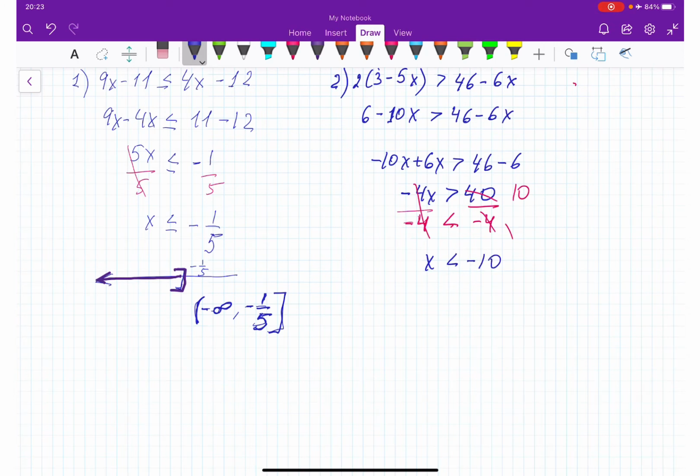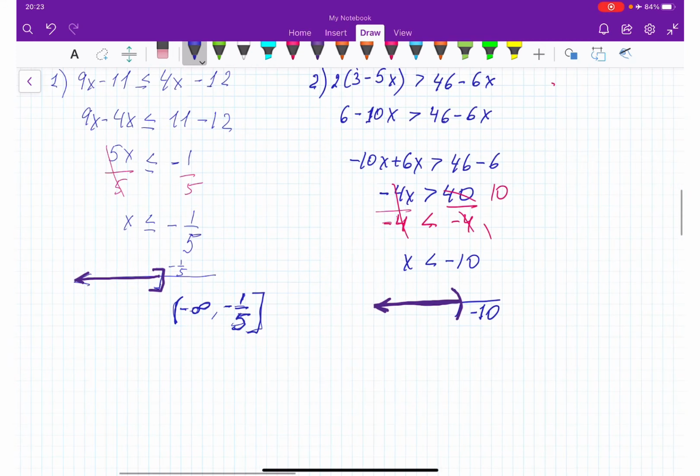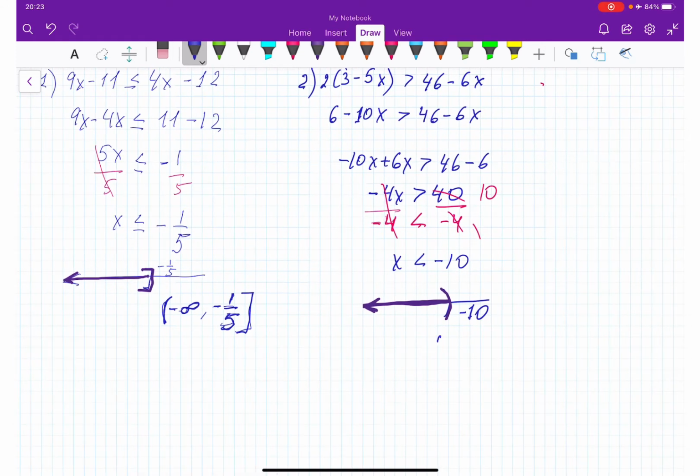Okay, because we have less than, in the graphing format it's going to be a parenthesis because the equal sign is missing. So it's going to go towards negative infinity, and this is negative 10. Now if you write interval notation, it's going to be negative infinity to negative 10.